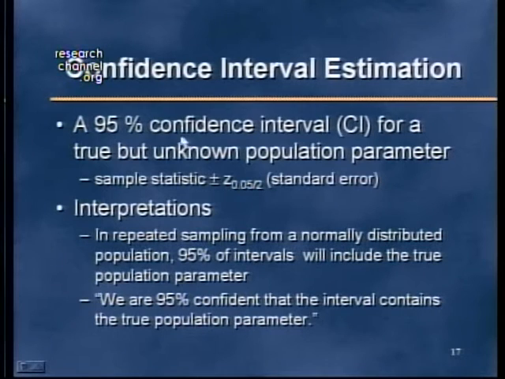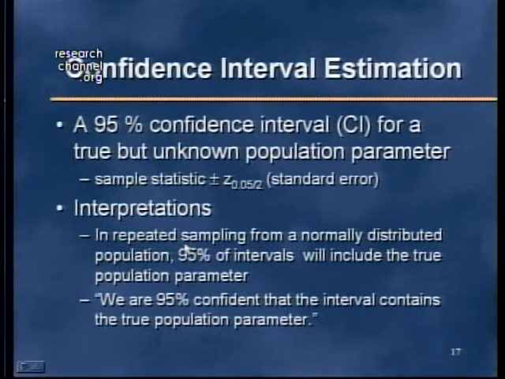By definition, a 95% confidence interval for the true population parameter takes the value of the sample statistic that we calculate from our sample and forms an interval around it by adding and subtracting the tabled z value that corresponds to an alpha of 0.05, meaning 5% probability out in the tail of the distribution corresponds to 95% probability in the middle of the distribution. We take the tabled z times the standard error that corresponds to the sample statistic of interest.